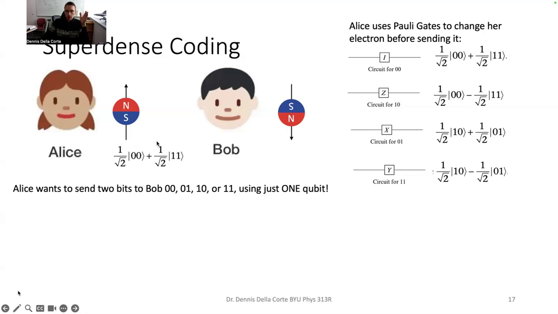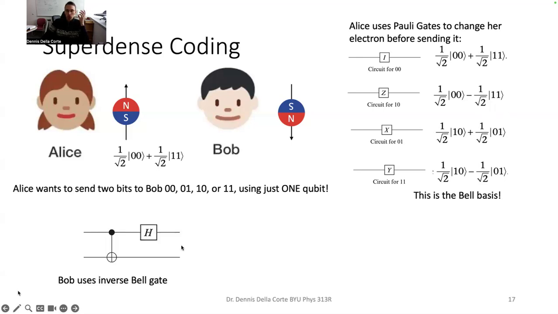So, Alice has one qubit and Bob has one. Alice takes hers, puts it through one of these gates, and then ends up in one of these 4 states, which are just the Bell bases. So Bob receives the qubit and then uses the inverse Bell gate.